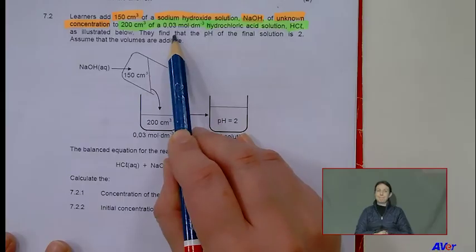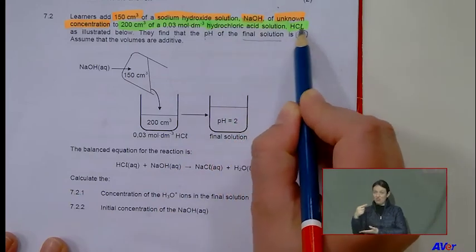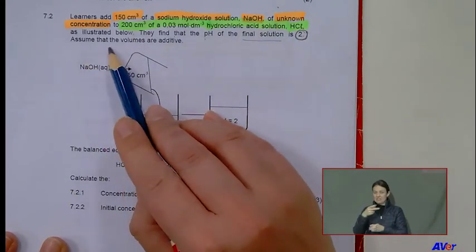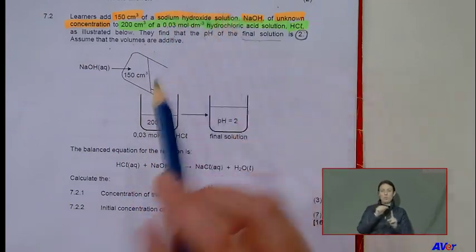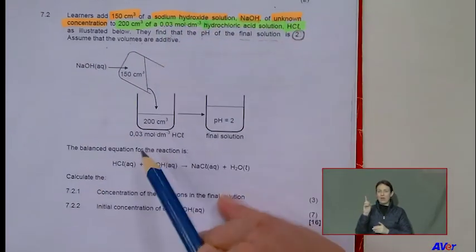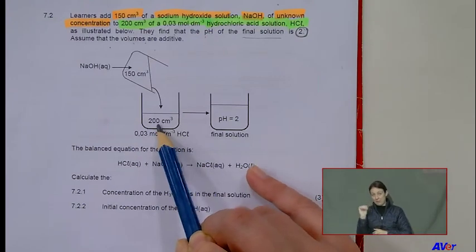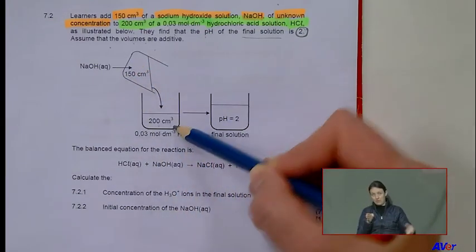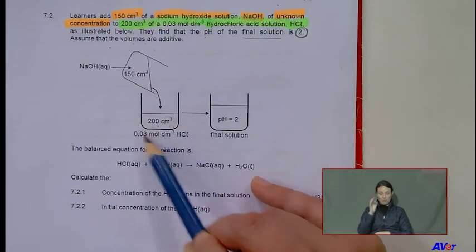Okay, now, they ask the following. They find that the pH of the final solution is 2. Assume that the volumes are additive. So in other words, we have 200 centimeters cubed over here, and they add 150 centimeters cubed of the sodium hydroxide. So this is our acid.